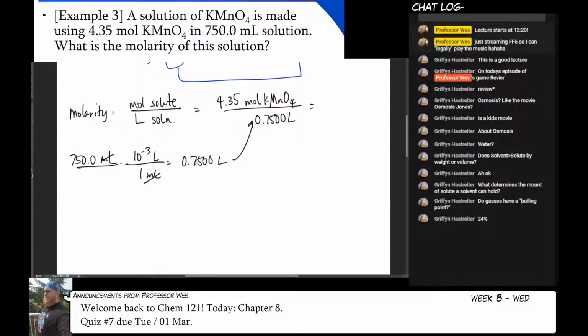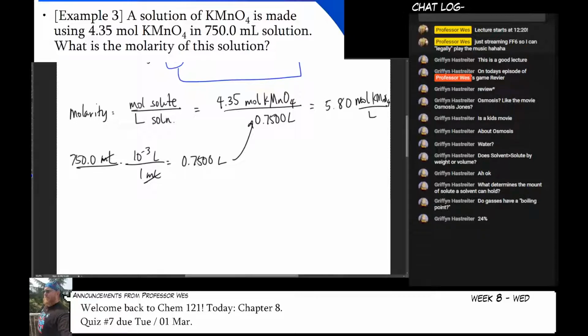And when I do that, I get looks like 5.80 moles of KMnO4 per liter.